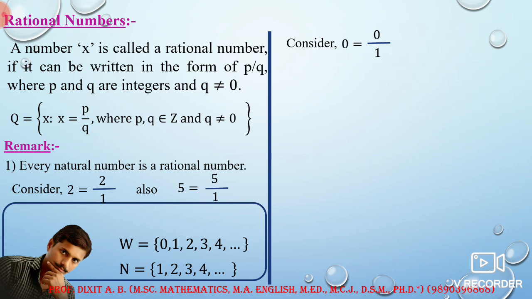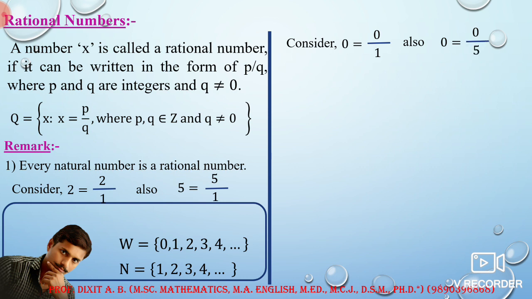Where the denominator is not present, we can take 1. So 0 can be expressed as 0 upon 1. Also 0 can be expressed as 0 upon 5.